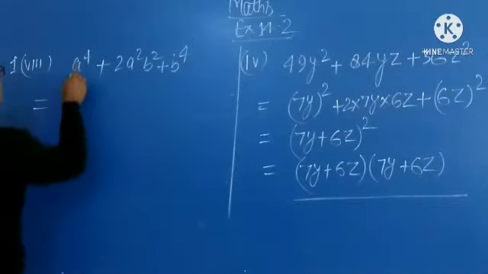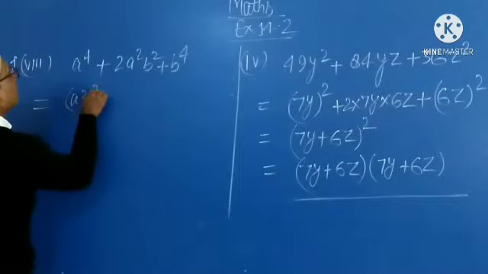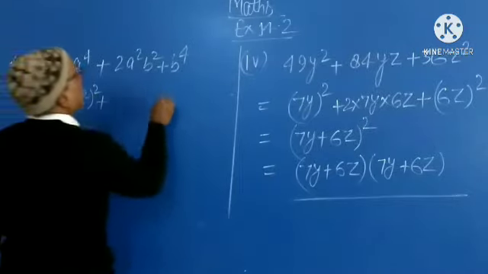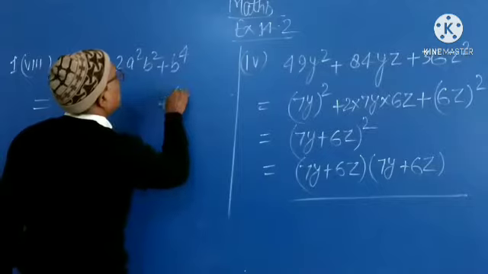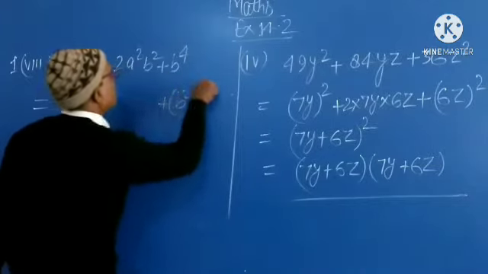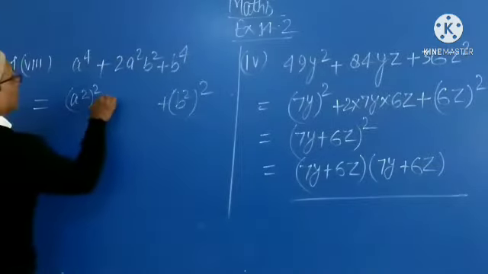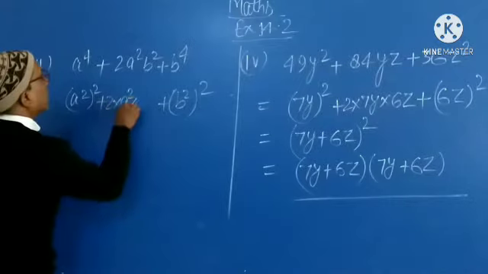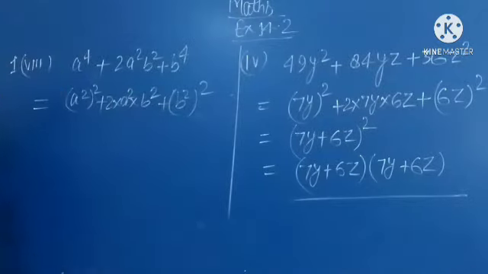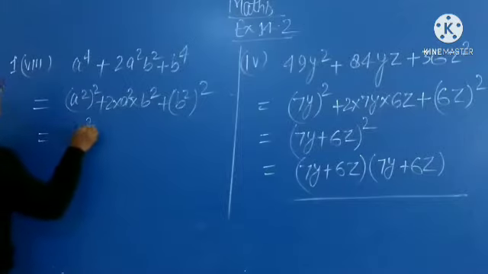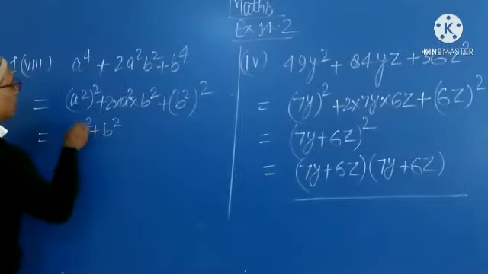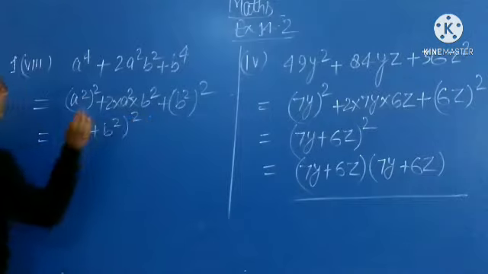Then you write a to power 4 is (a square) whole square, and b to power 4 is (b square) whole square. In the middle you write 2 into a square into b square. You get (a square plus b square) whole square.